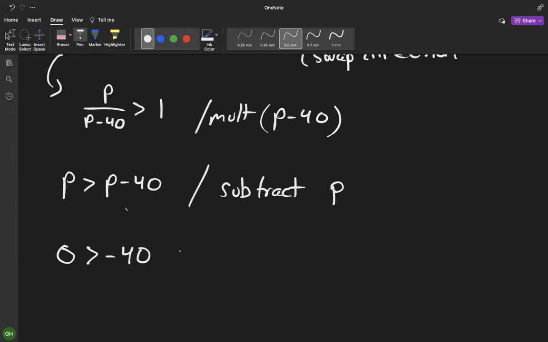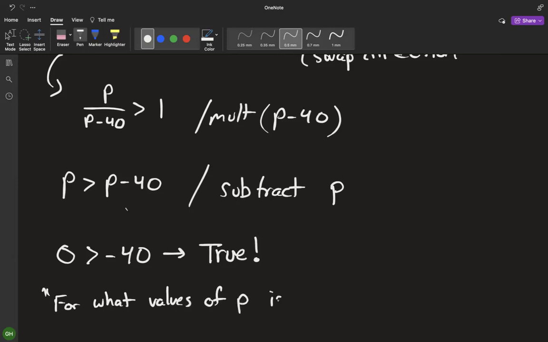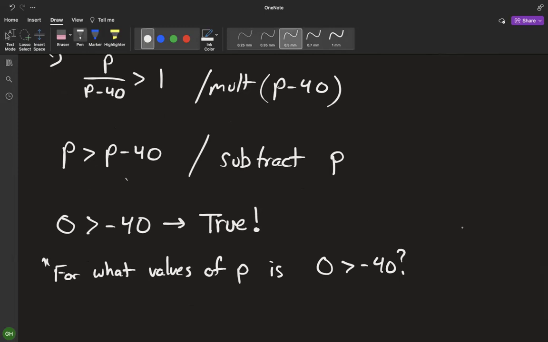Now the question is, is this a true statement? And the answer is yes. It's going to sound a bit weird, but we ask ourselves, for what values of P is 0 bigger than negative 40? And the answer is all of them.